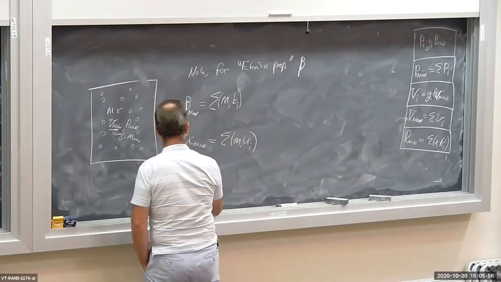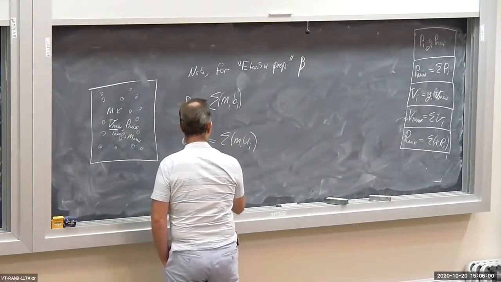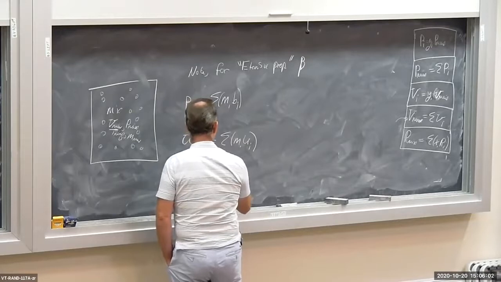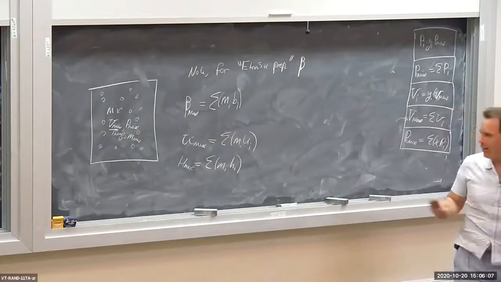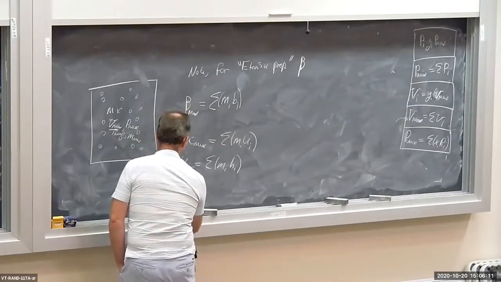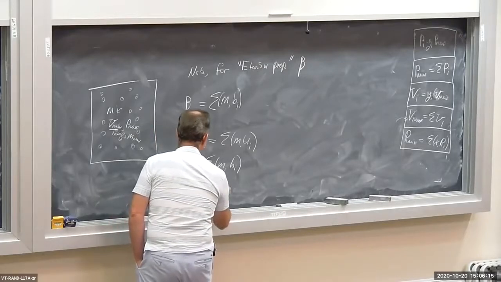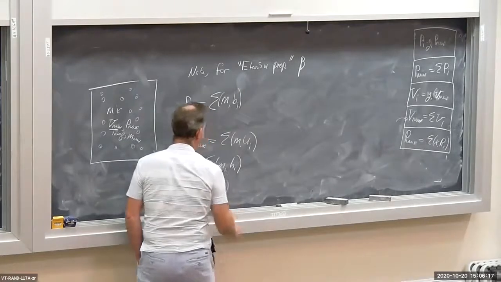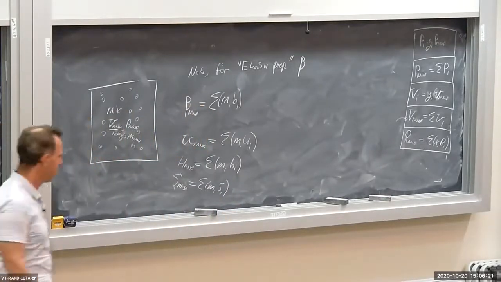H mix is equal to the sum of the mass of each component times the specific enthalpy for each component. Same thing for entropy. S mix is equal to the sum of the mass of each component times the specific entropy of each component, summed over all components.